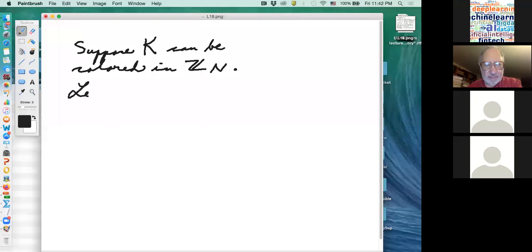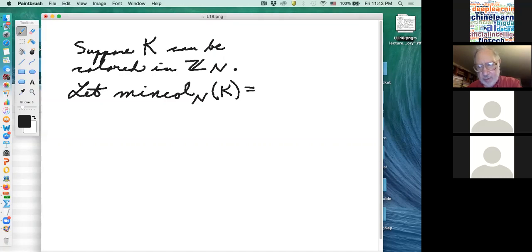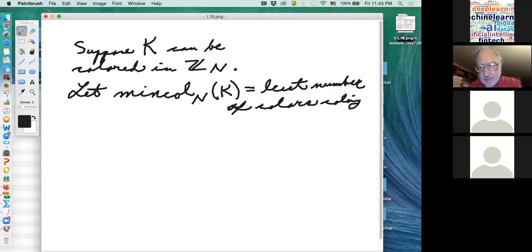Let min color sub N of K be equal to the least number of colors coloring K over all diagrams equivalent to K by Reidemeister moves.